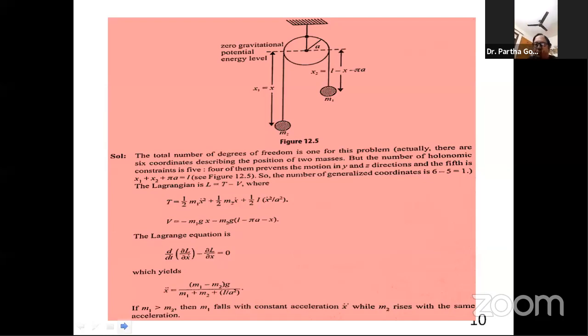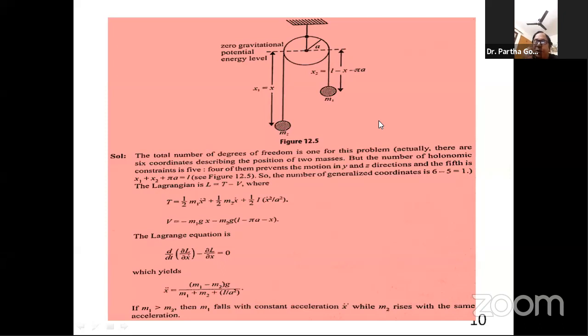Sir, students are replying angle equals arc by radius. No, no, theta is not angular velocity. Yes, omega equals v by r. Omega equal to v by r is fine, but it is some physical restriction I am looking at.